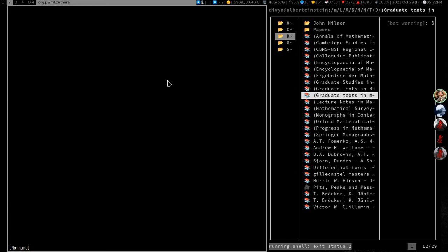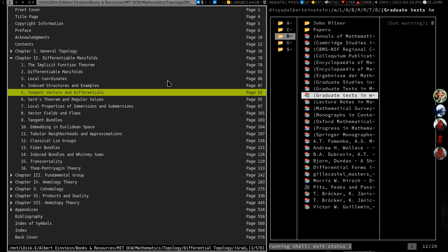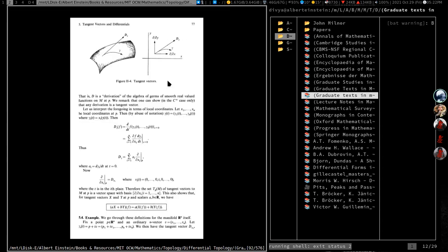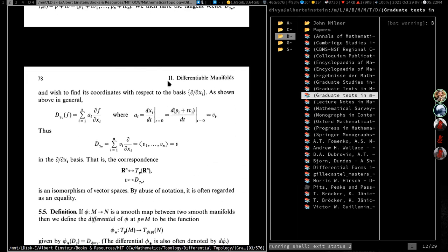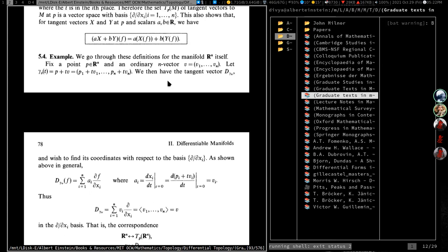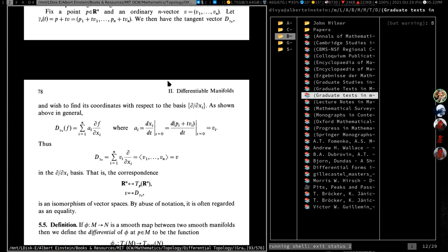So take a curve, the tangent vector is v, and then differentiate the composition. Then you have to deal with equivalence classes of curves. Two curves are equivalent if they have the same tangent vector.